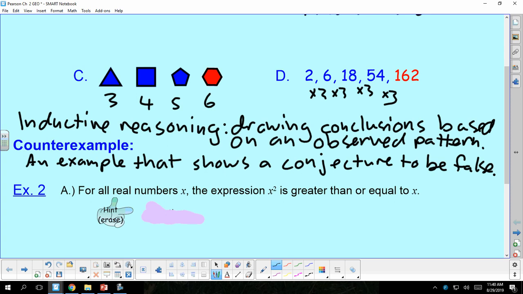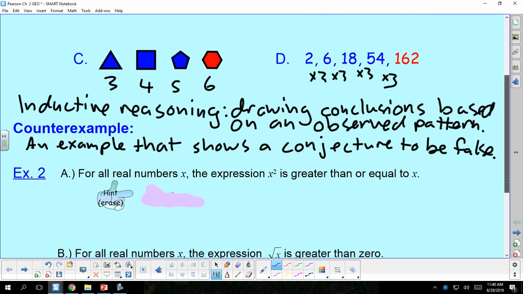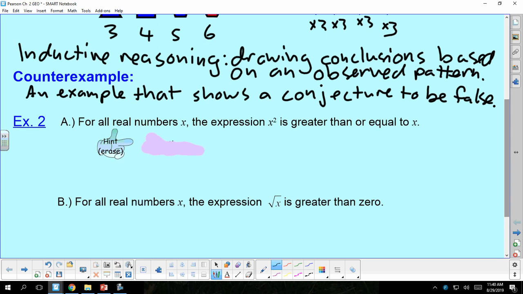So let's look at example 2. For all real numbers x, the expression x squared is greater than or equal to x. Anyone come up with one spot where that would not be true? A single example.